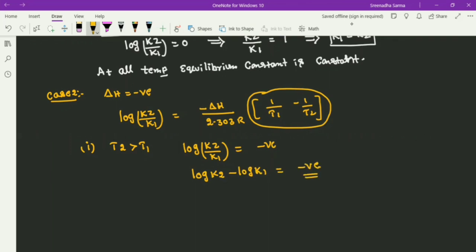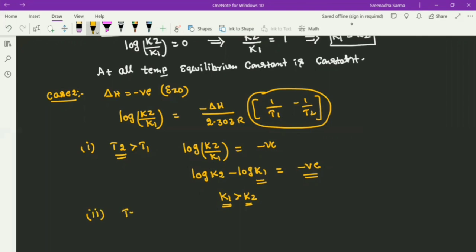For getting a negative value, K1 is greater than K2. So K1 is greater than K2. If the temperature increases for an exothermic reaction, the equilibrium constant at lower temperature is more than at the higher temperature.